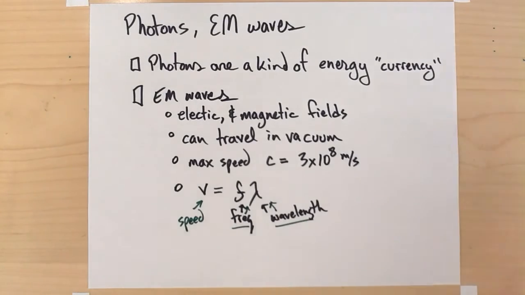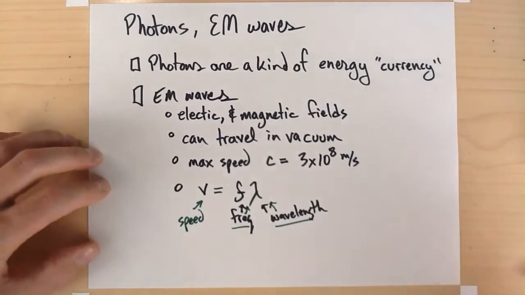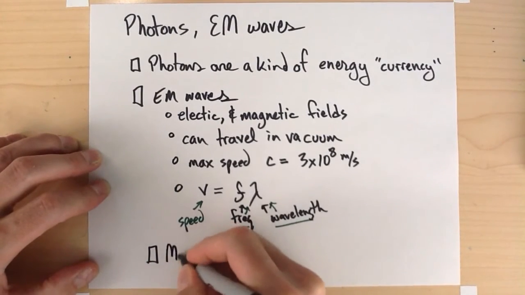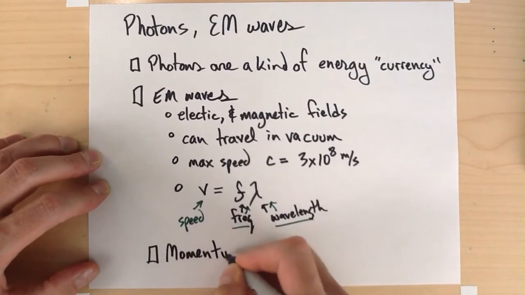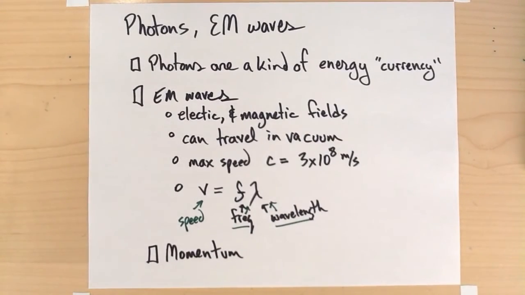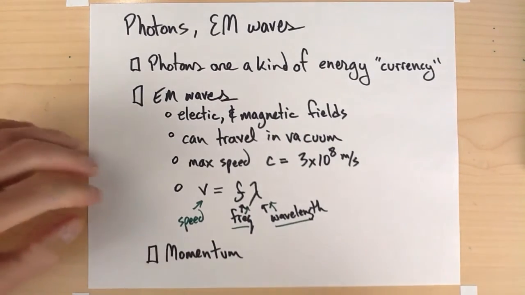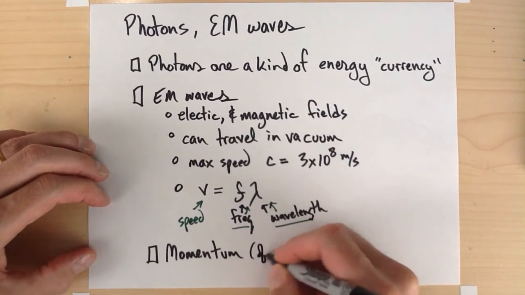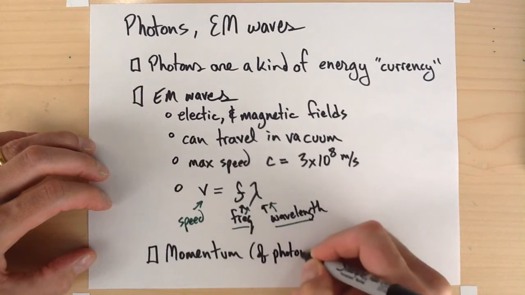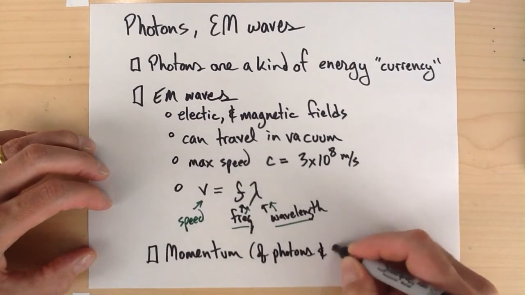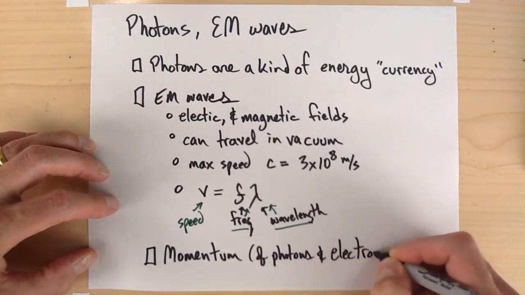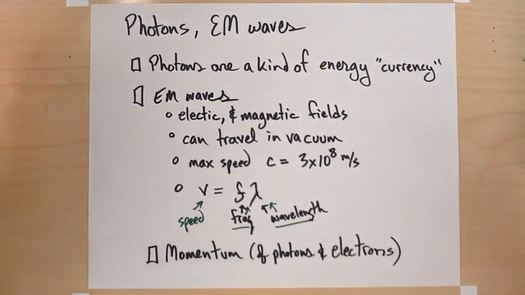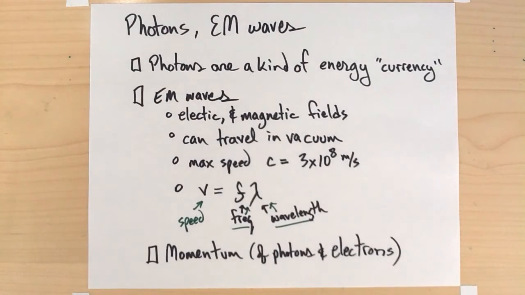But what else do we know that's really important about photons? There's one other thing I'd like to bring up, and that is the momentum. This is the momentum of a photon, or in fact, of an electron. It's actually the same expression.